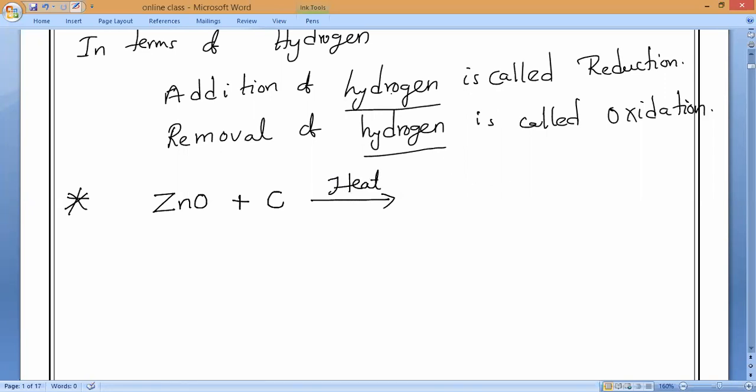Can anybody say? Carbon monoxide plus zinc. Yes. Zinc oxide plus carbon will react on heating, and you are going to get zinc plus carbon monoxide. That is what happens.